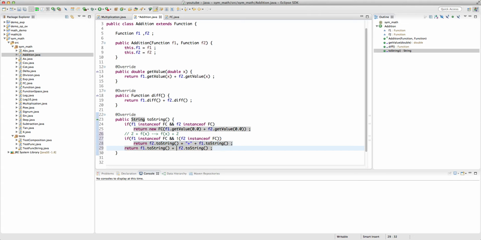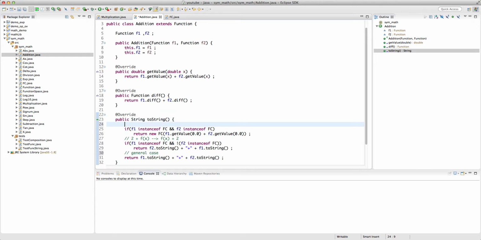Same here, f1 plus a plus sign plus f2. This is the general case. So we can take care of all the possible cases.